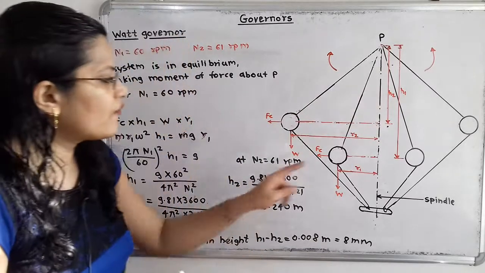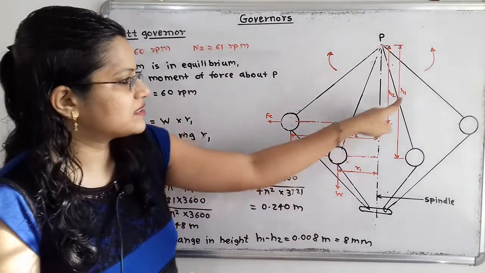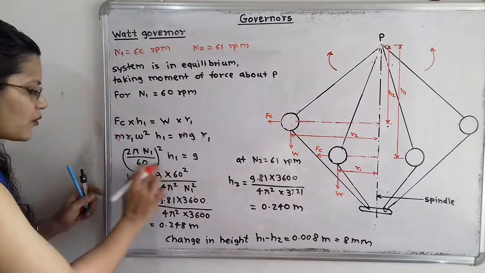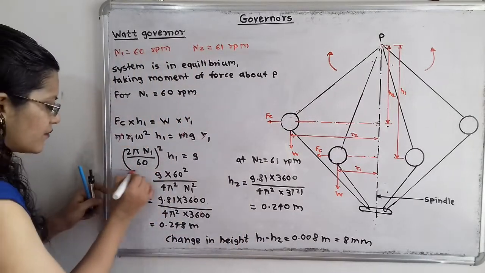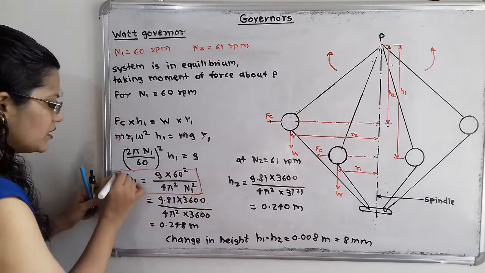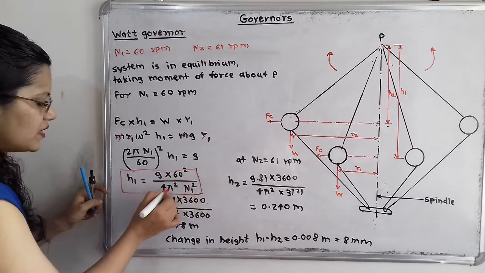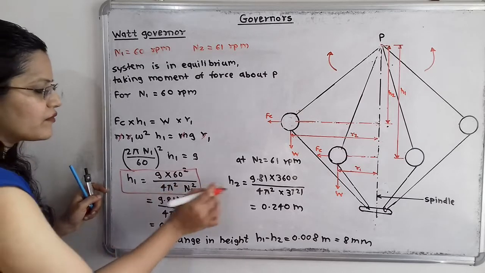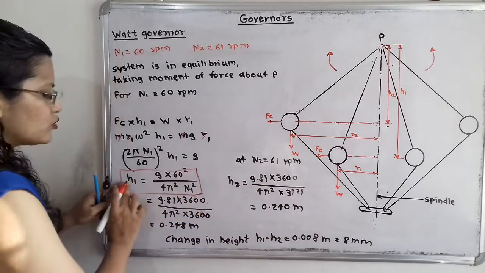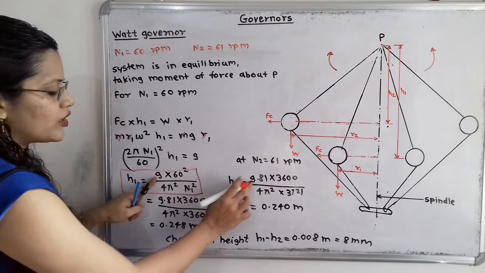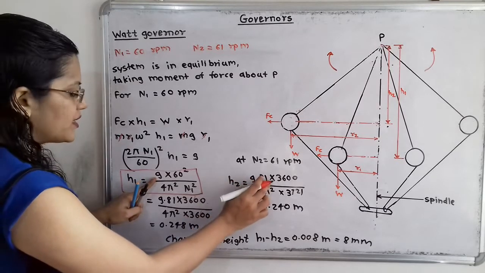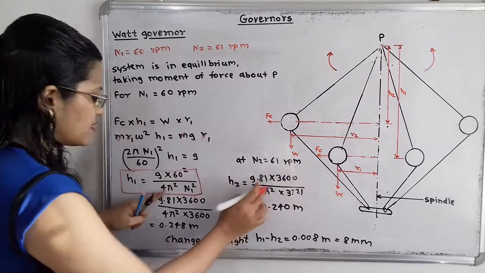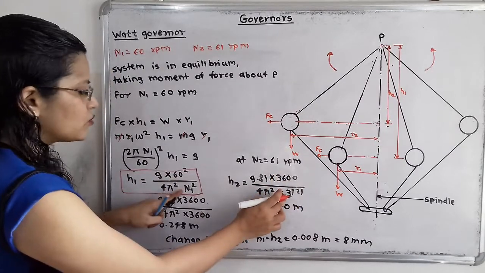So instead of r1 we write r2, and instead of h1 we write h2. We can use the same formula, h1 equals g into 60 square divided by 4 pi square n1 square, but instead of n1 we write n2. So h2 is equal to 9.81 into 3600 divided by 4 pi square into n2 square.